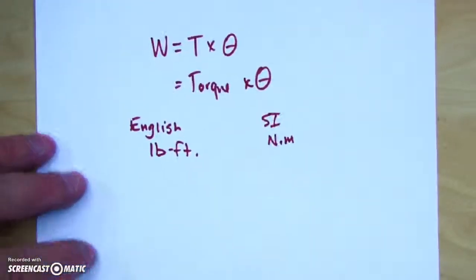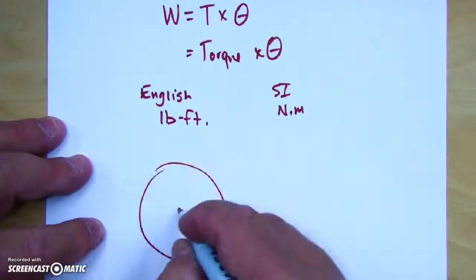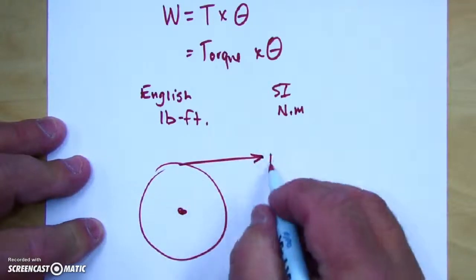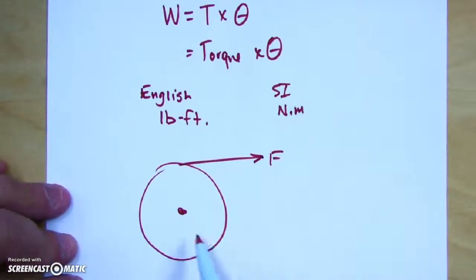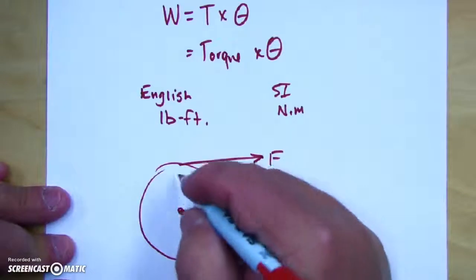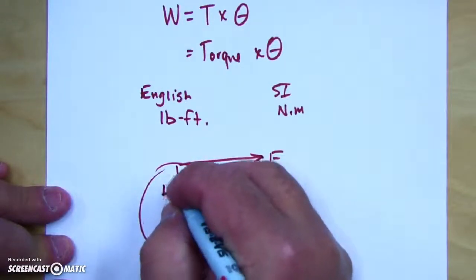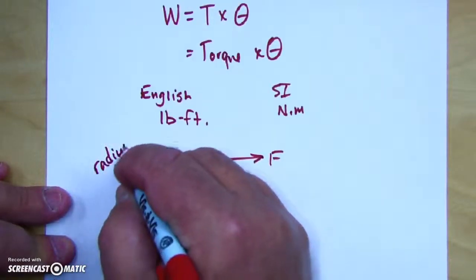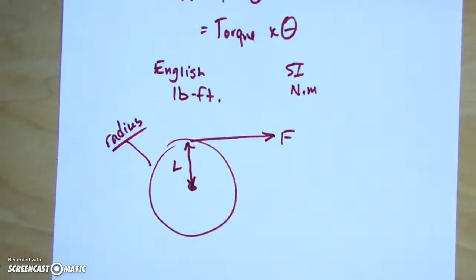Let's take a look at this. When we're talking about something moving in a circle like this, it's important to understand the force is going to be tangent to the circle, along the edge of the circle. This is going to be pulleys and gears and things like that. The lever arm is that distance there, and the lever arm is actually the radius of the circle. Think about a bicycle.